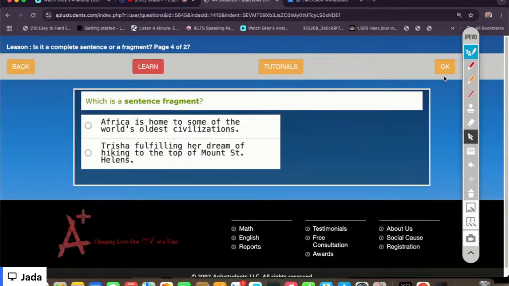Alright, so which is a sentence fragment? Africa is home to some of the world's oldest civilizations. Trisha fulfilling her dreams of hiking to the top of Mount St. Helens. So what's the sentence fragment here?